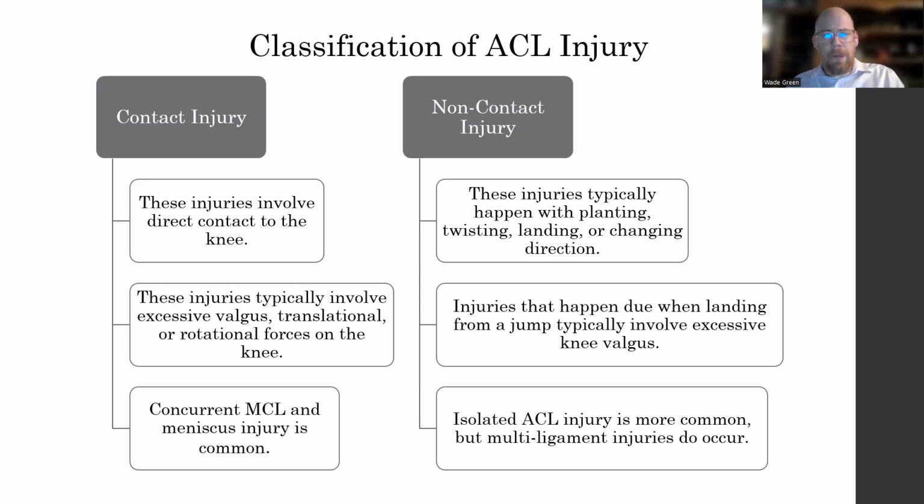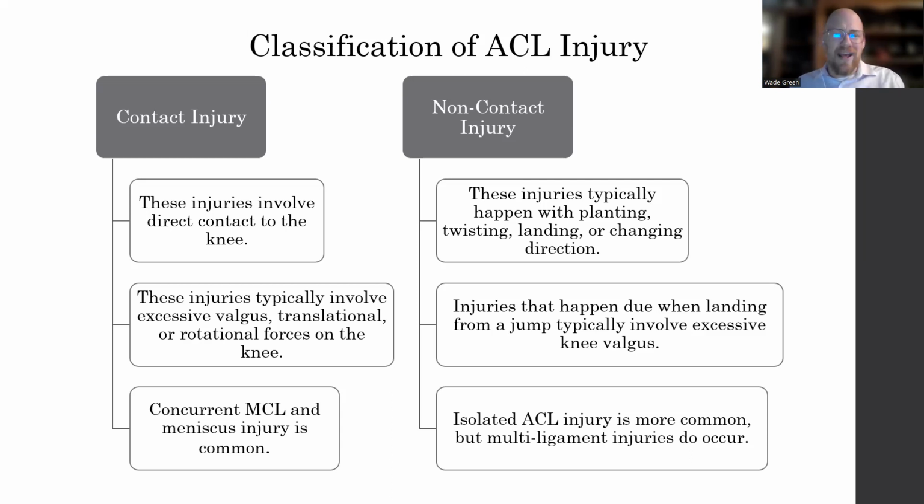So with the non-contact mechanism, this can happen when landing from a jump, right? And generally speaking, the knee will rotate excessively, which then causes the knee to go into an excessive valgus force, which puts a tension force on the ACL and a shearing force, which causes the ACL to tear, right?